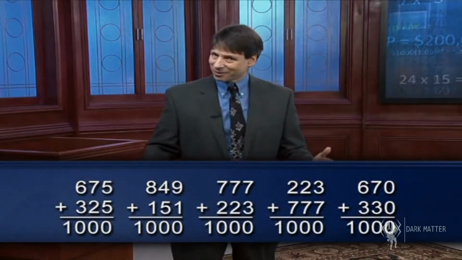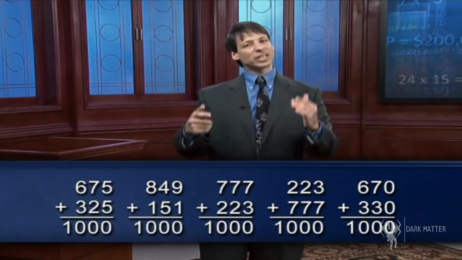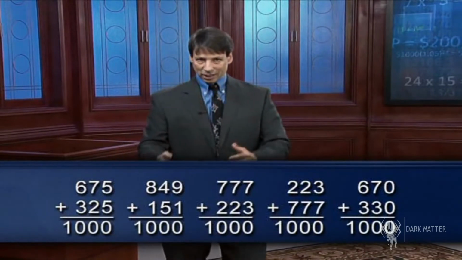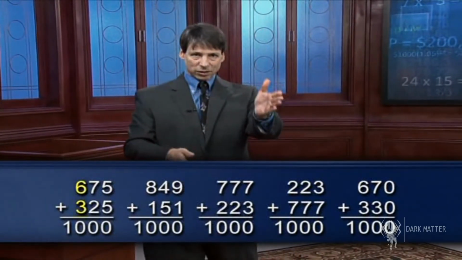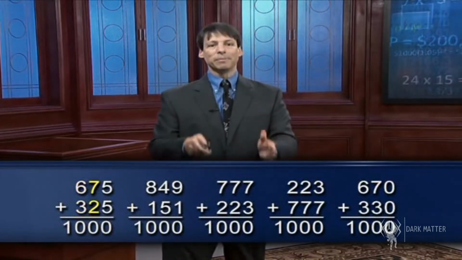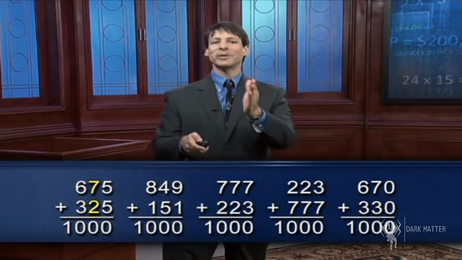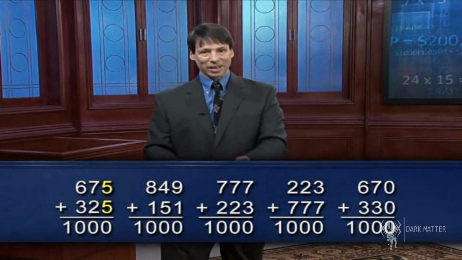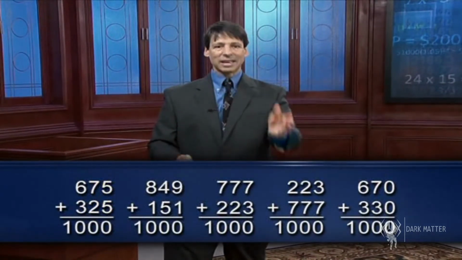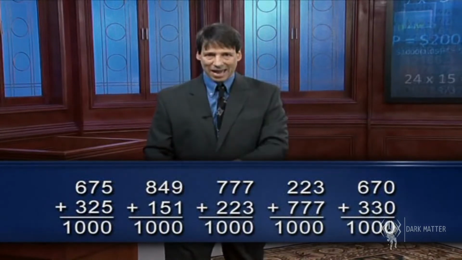Do you see the pattern? The complement of 675 is 325. And if you look at the digits, the digits on the left, 6 plus 3 is 9. Then the middle digits, 7 plus 2 is 9. And the digits on the right, 5 plus 5 is 10. They add up to 9, then 10.